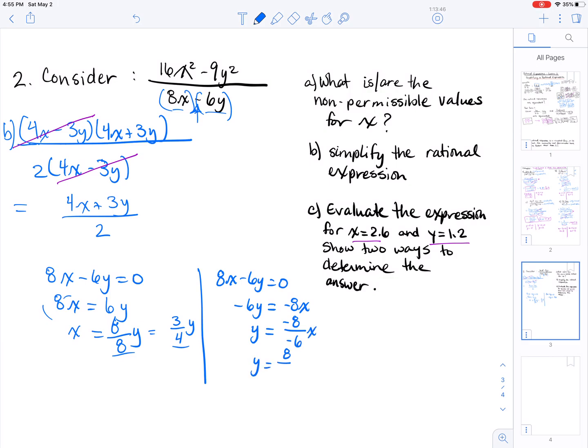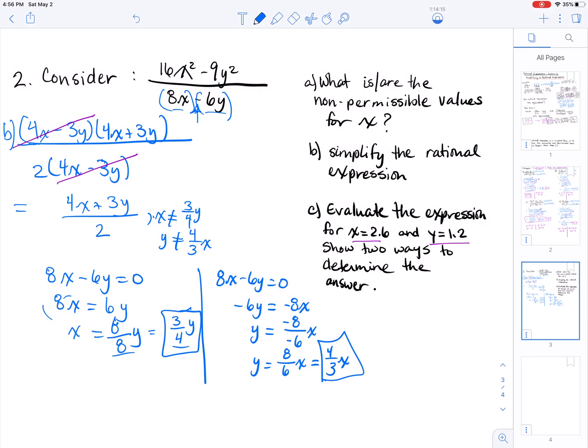So that's 8 over 6x, which is also equal to 4 over 3x. So for my non-permissible values now I have x cannot equal 3/4 y, and y cannot equal 4/3 x.